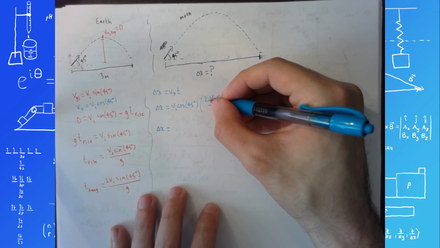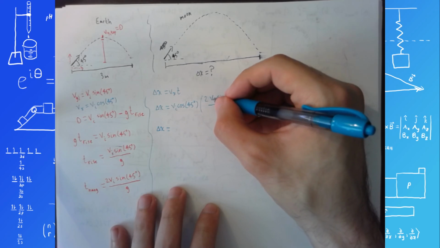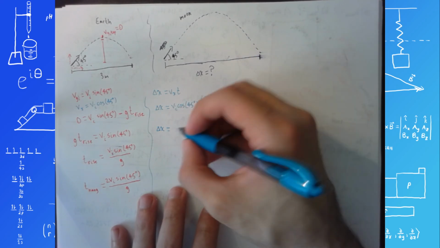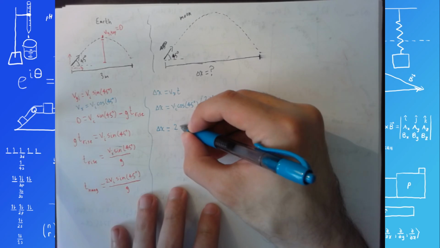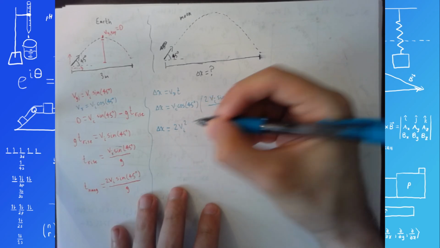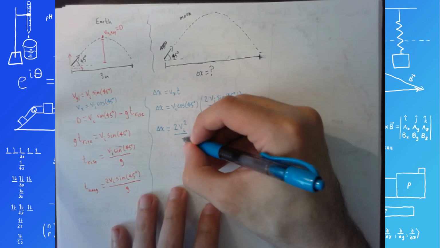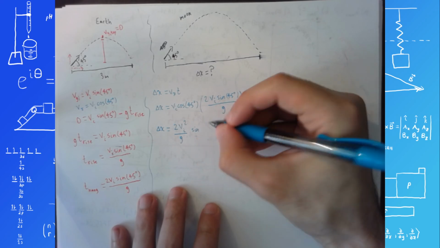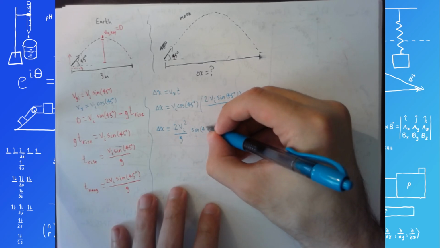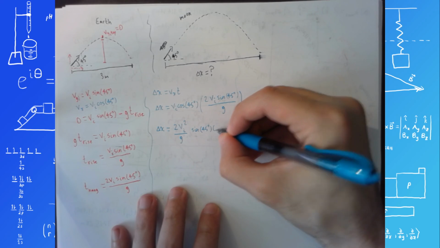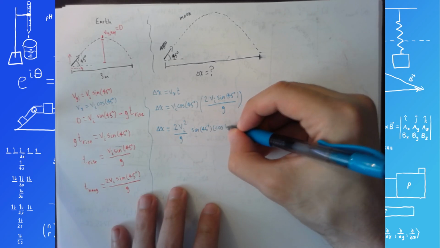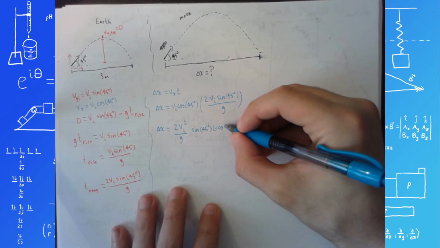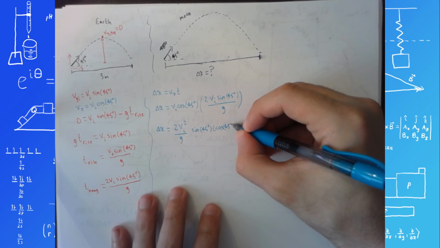So I'm going to factor out the 2, and the v initial over here goes into that v initial to make a v initial squared. So I get 2 v initial squared over g times sine 45 times cosine 45.